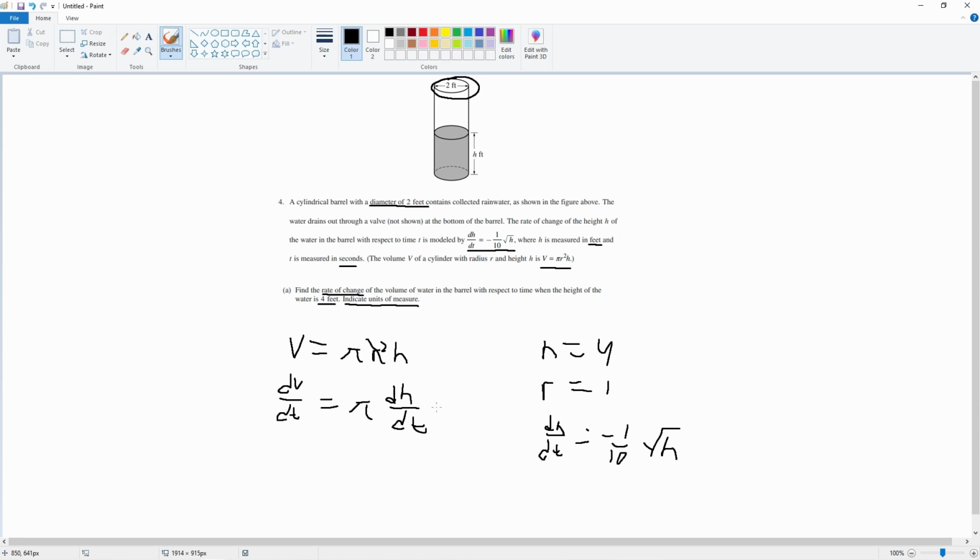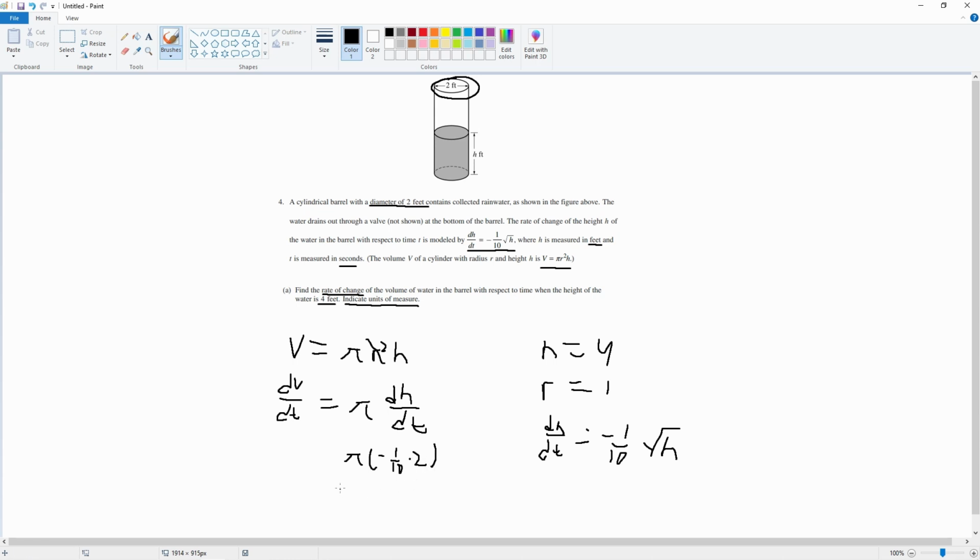Now we plug in dh/dt, which is -1/10 root h. So that's pi multiplied by -1/10, and our height is 4, so the square root of 4 is 2.